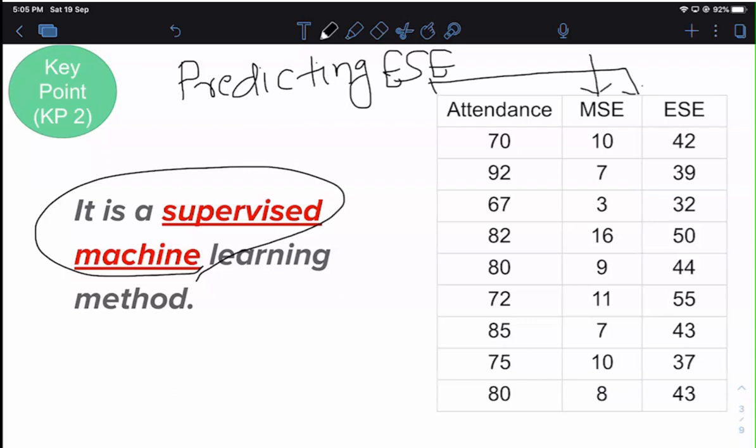Here these two variables, attendance and mid semester examination, are the two input or independent variables, and the end semester examination is the output or dependent variable.